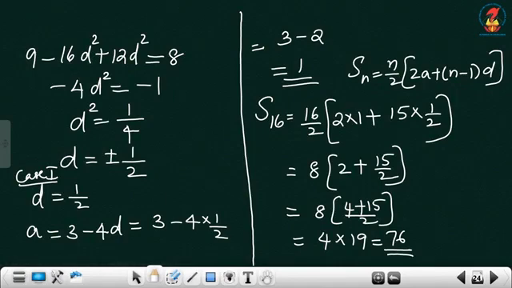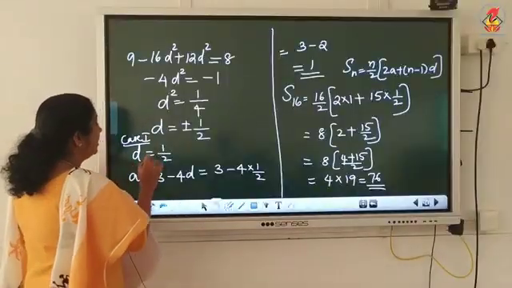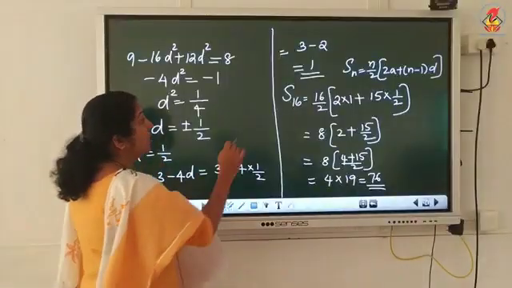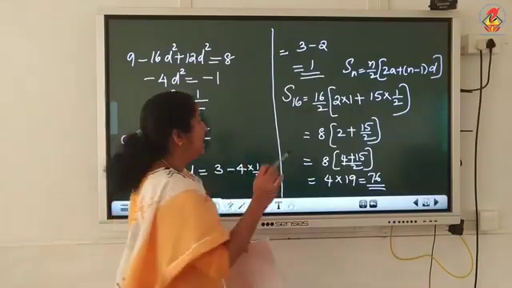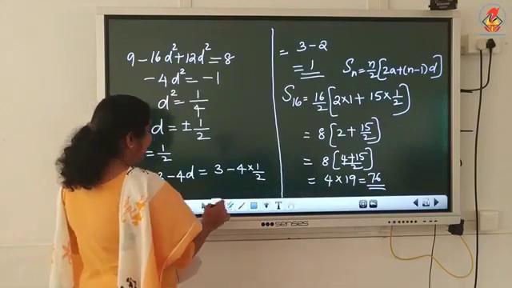This is the first case because we got d square as 1 by 4. So d is equal to plus or minus 1 by 2. We have to take both the cases, when d is equal to 1 by 2 and d is equal to minus 1 by 2. When d is equal to 1 by 2, corresponding a is 1. S16 is equal to 76. Then case 2.